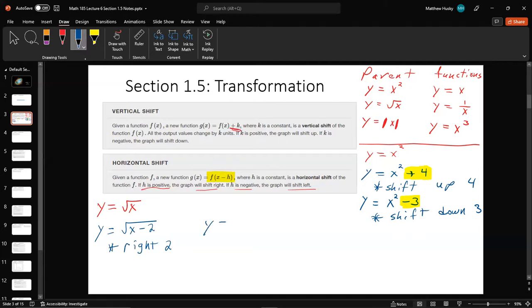If you had, on the other hand, the square root of x plus 1, that would actually send you to the left 1. And again, it's kind of backwards from what you would expect. Plus 1, you might think would go right because that's where the positives are, but it's actually going to do the opposite of that. If you do plus 1, it's actually going to shift you to the left.